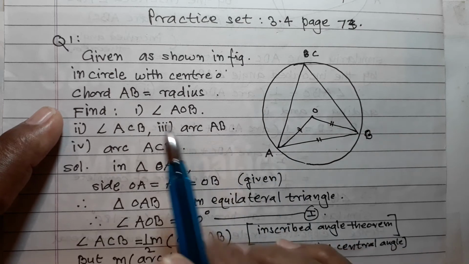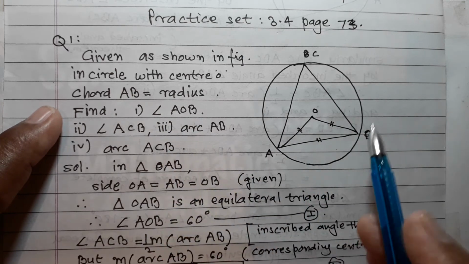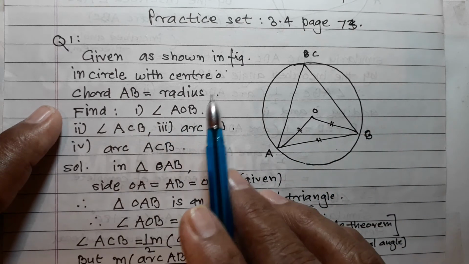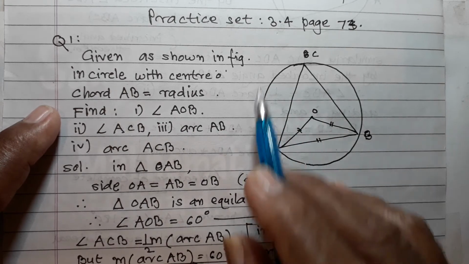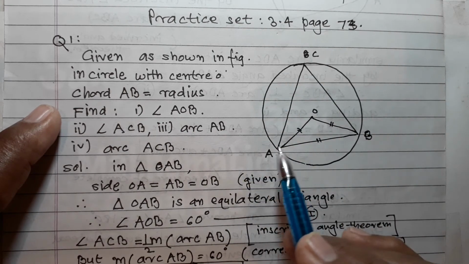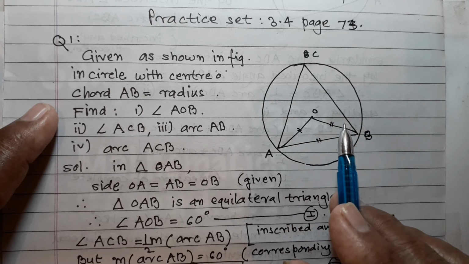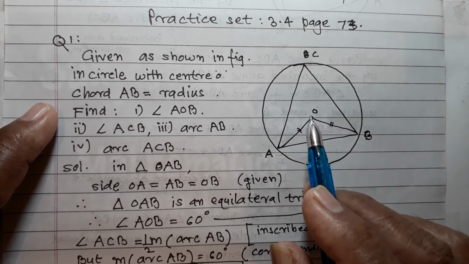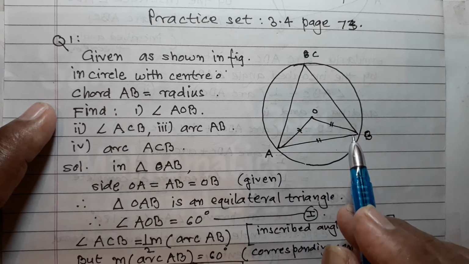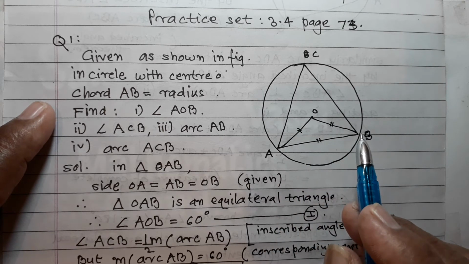Chord AB is equal to the radius of the circle. This is a circle with center O. This is a chord AB which is equal to the radius. Means OA is equal to AB is equal to OB.